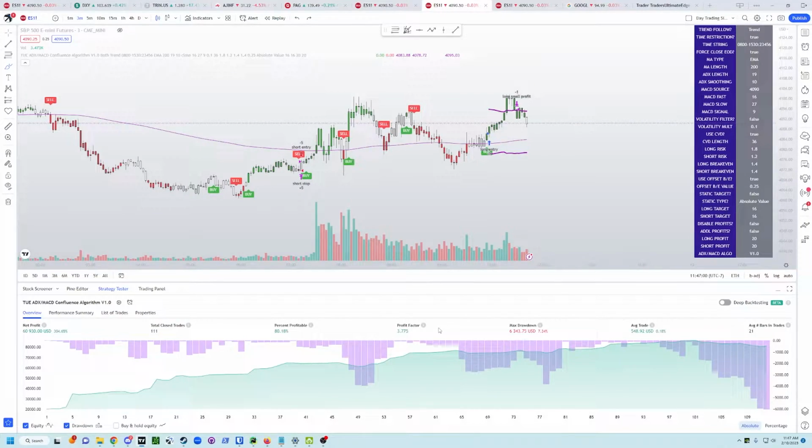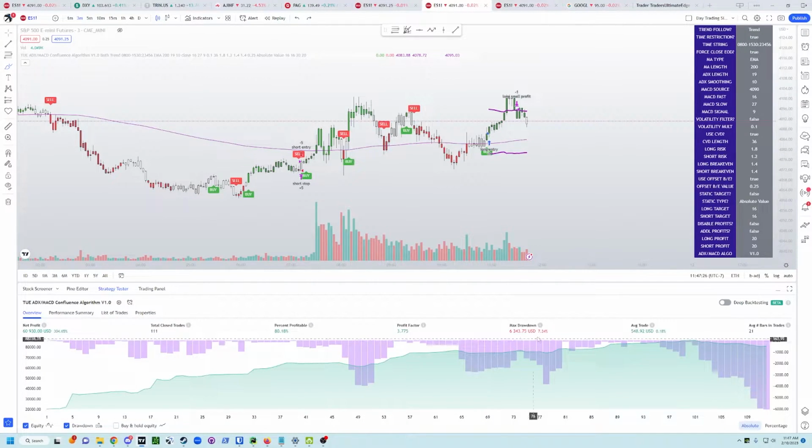TradingView does have a way to implement slippage into your algorithm testing. I'll show you that in just a minute. But when you baseline test stuff without slippage, you're going to want a very high profit factor to account for things like that. Essentially, the more money you make, the easier it is to cover up mistakes and end up with a profitable equity curve.